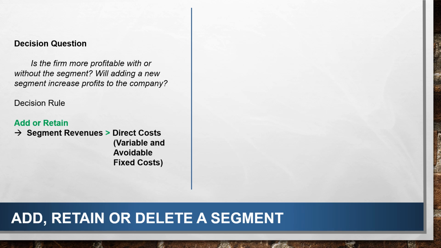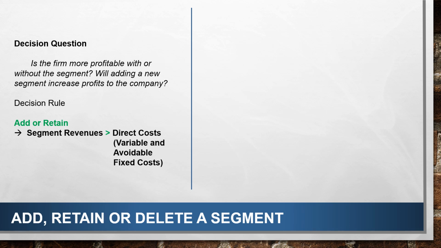Okay, so let's proceed to our second decision situation. So we have add, retain, or delete a segment. We all know that one of the most important decisions managers make is whether to add or drop a business segment.